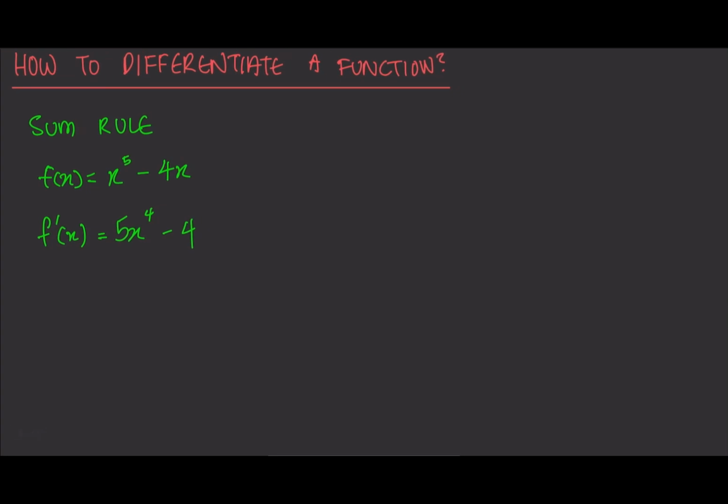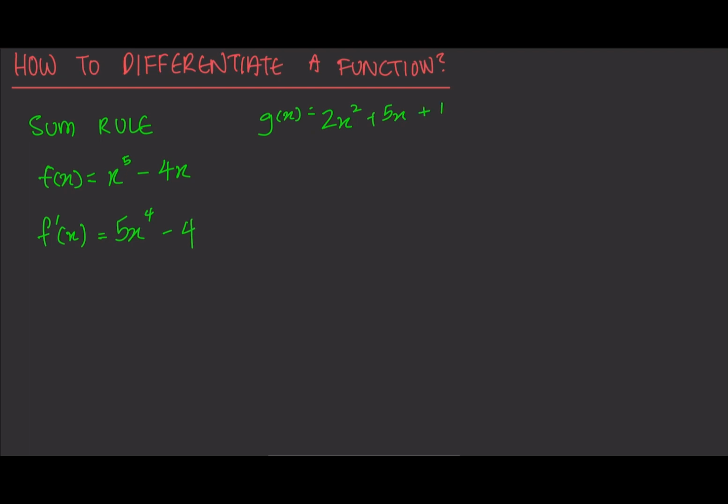The same applies to, let's use another one, g(x) equals 2x squared plus 5x plus 1. Okay, how do I differentiate this?